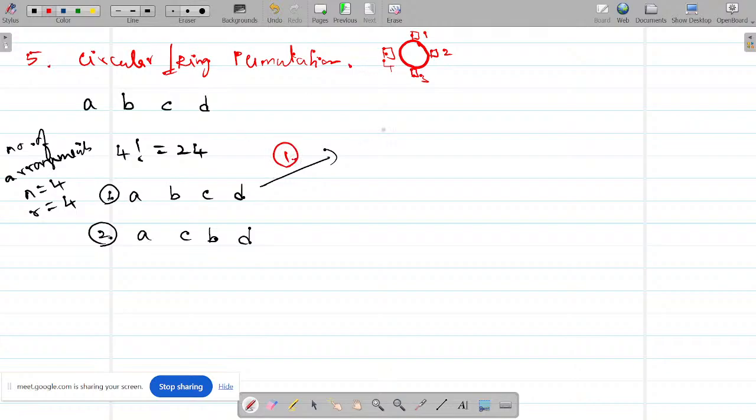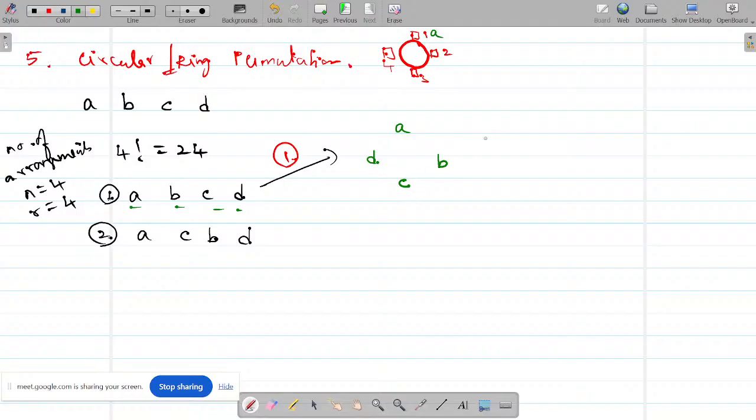What happens in this first case? Let me make A sit over here. I cannot change the position, right? Then B sits here, C here, or D. Usually, if nothing is mentioned, we go clockwise. If you go anti-clockwise, it's different.